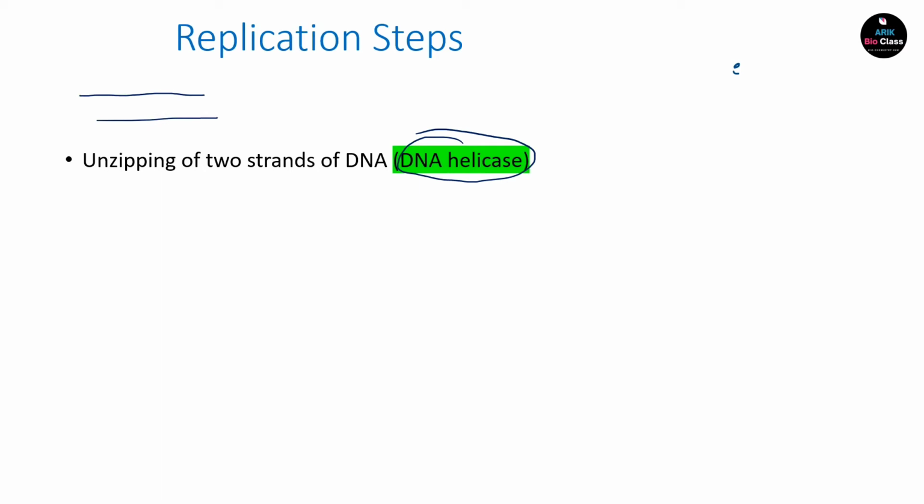This is the DNA strand. Suppose here the origin of replication is there. The origin of replication is a place from where the unzipping starts. The enzyme helicase will come and attack here, and these two strands will get unzipped as we open a zip.